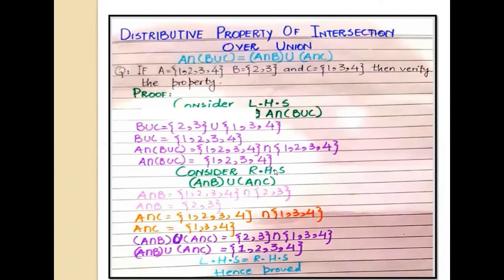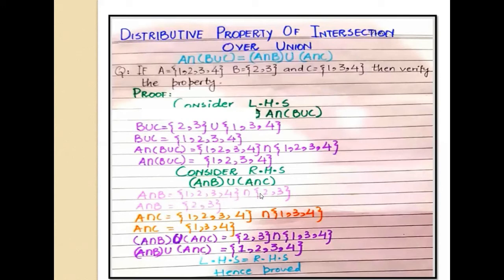Consider right hand side, A intersection B union A intersection C. First we will solve bracket number 1, that is A intersection B. First write the elements of set A, that is 1, 2, 3, 4, intersection elements of set B, that is 2, 3.